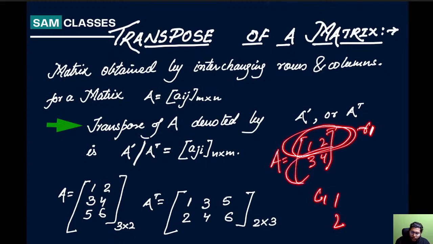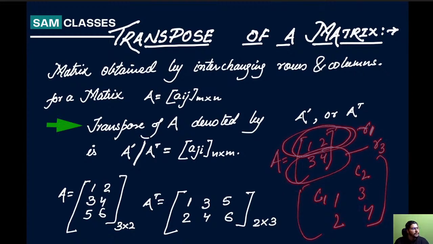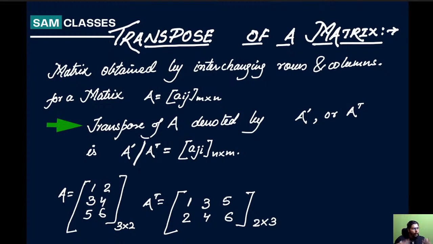Whatever we have in row 2, that is 3 and 4, make it into column 3 and 4. Done. So this is the transpose. Clear? Row converted to column, column converted to row. That's it. Clear everyone?